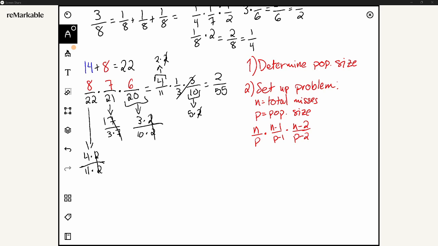We know that this is somewhere between like 3.3 and 4% chance to miss, right? And the way I was able to do that is we know that 2 out of 60 must be less than 2 out of 55, which must be less than 2 out of 50.